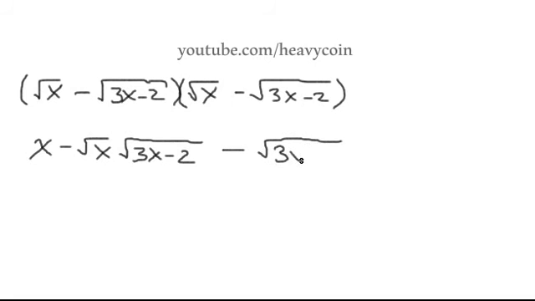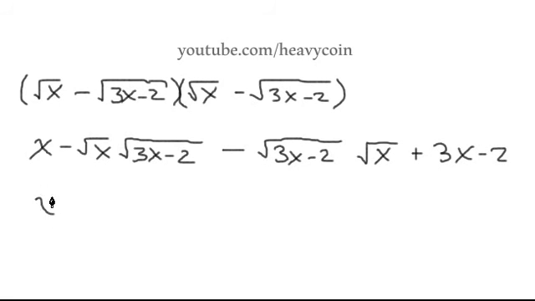And of course, I'll keep it in the same order. And then of course, then we have plus, because we're going to have a minus times a minus. And the square root of 3x minus 2 times the square root of 3x minus 2 is just 3x minus 2. You know, the square root goes away.